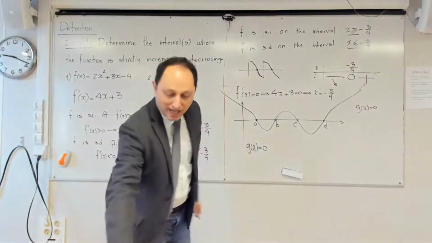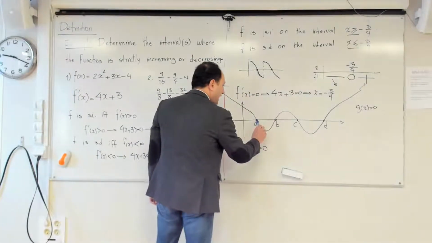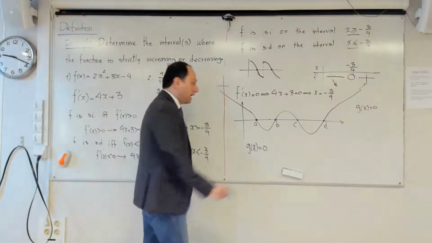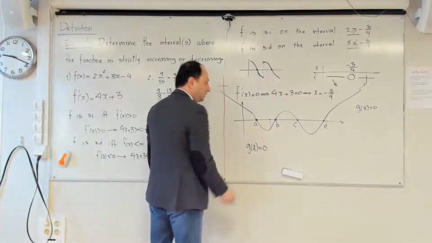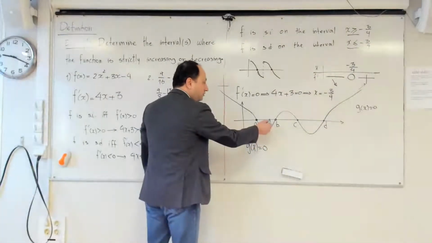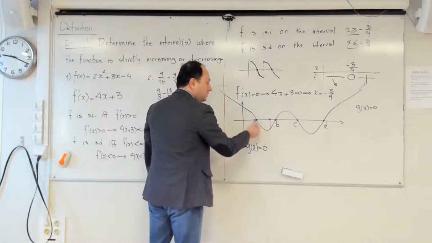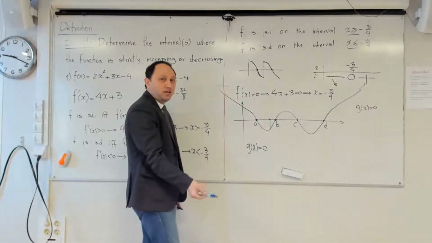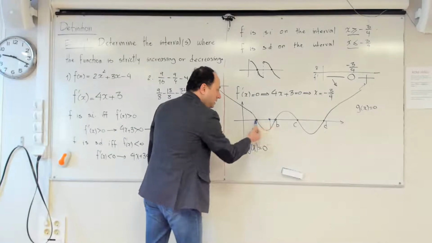So if I randomly choose any number between these two and check the value, and the value for that random number chosen between A and B is negative, this behavior remains the same between these two numbers.